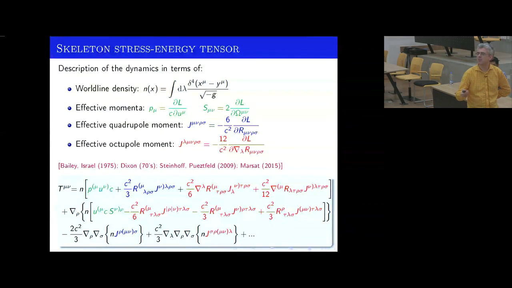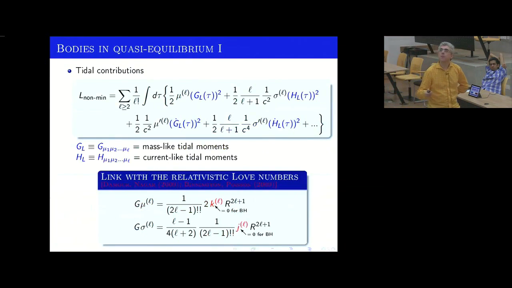You see there is a term proportional to the Dirac distribution, another, the derivative of the Dirac, the second derivative, the third derivative. Here you have the monopole, here the dipole with the spin, here the quadrupole, here the octupole. But those quadrupole and octupole terms also interfere with the monopolar part and the dipole part of the stress energy tensor.